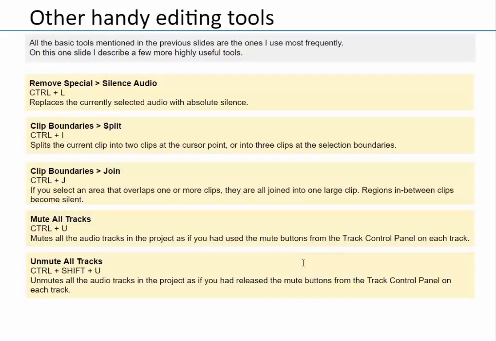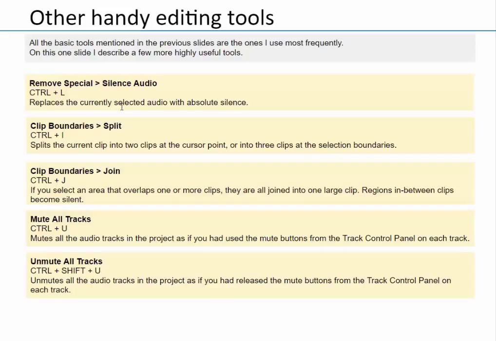Okay, now there are just a few more tools that I like to use. The ones that I've mentioned are the most basic and the most common, but in every recording there are a few other things you'll be doing very frequently as well. So I quickly describe them on this slide. The first one is silence audio. The shortcut key is Control L. What this will do is you may have a period inside the recording where there's some background noise or some humming, even some breathing, and it's easy to remove.